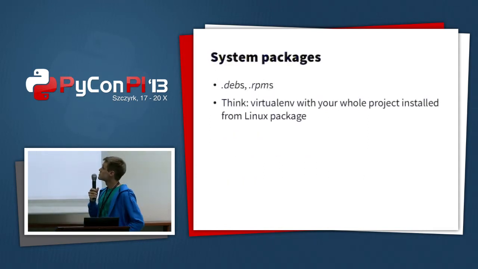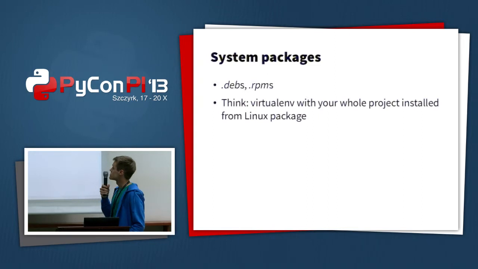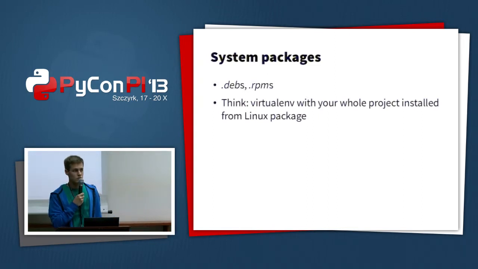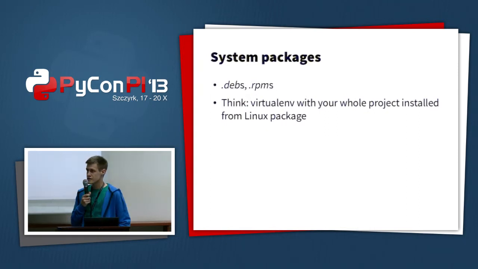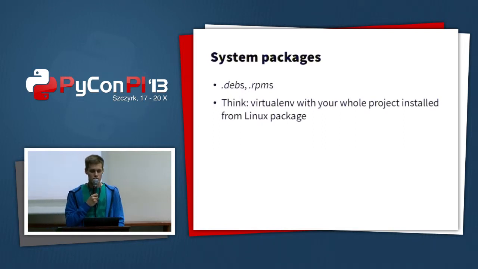Next, system packages. This will take some time because there are some different solutions available. But the general idea is to have your Linux system install your project from a Deb or RPM package, but this package would include a virtualenv in it.